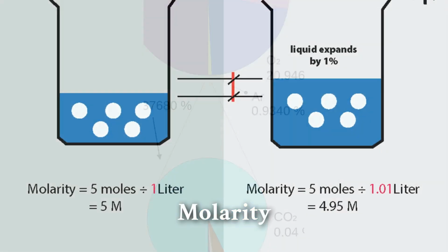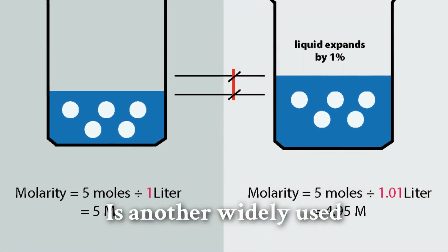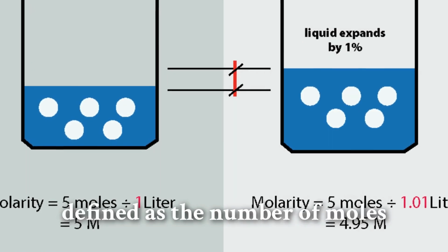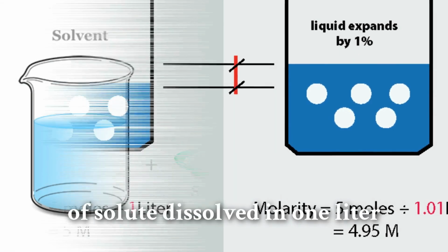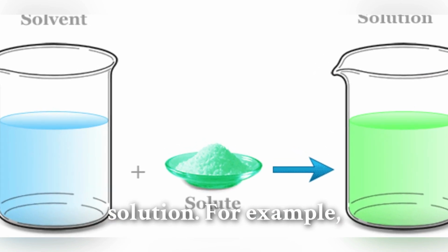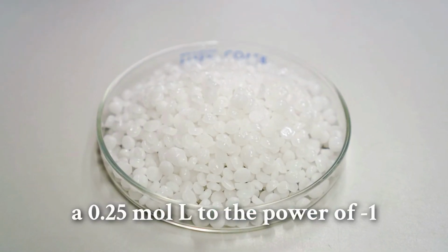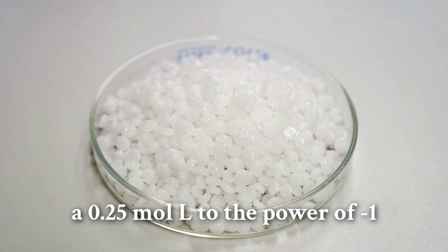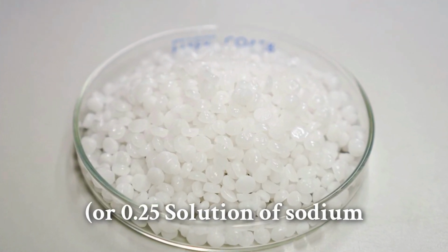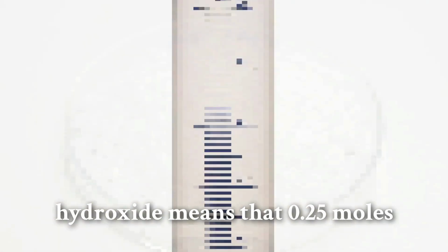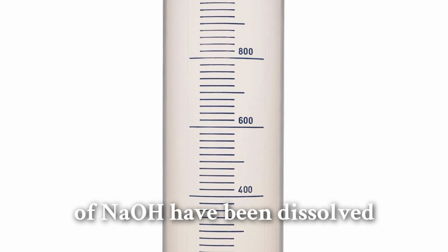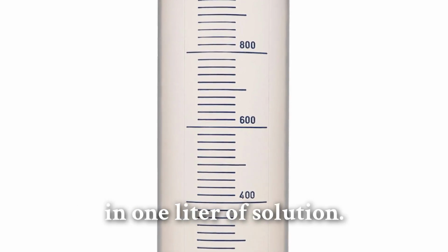Molarity, M, is another widely used concentration unit, defined as the number of moles of solute dissolved in 1 liter or 1 cubic decimeter of solution. For example, a 0.25 mol L^-1 or 0.25 M solution of sodium hydroxide means that 0.25 moles of NaOH have been dissolved in 1 liter of solution.